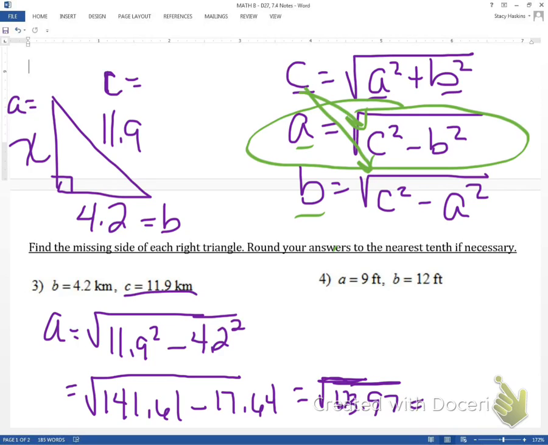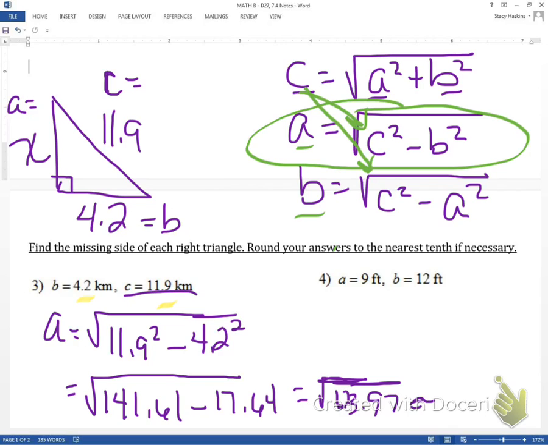So then you have to take the square root of that number. And I'm getting this great big long decimal again. Once again, because the problem has only one decimal place in both my side C and side B, we're going to round it to the tenths place.